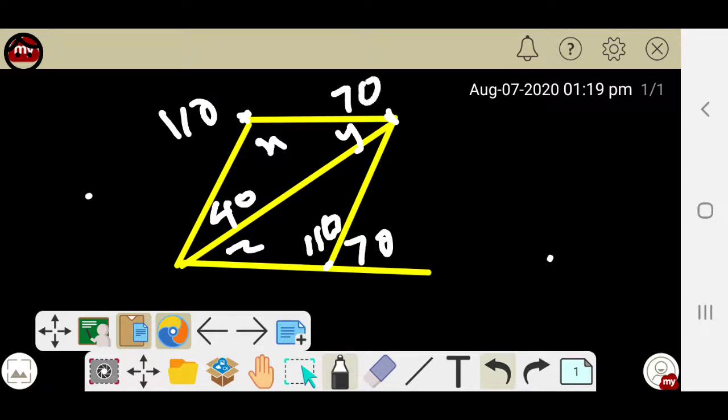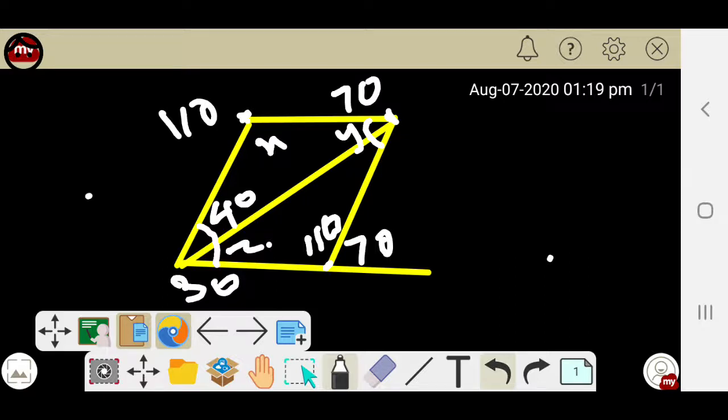So y equal to 70. This y means this total angle, so this total angle will be 70, opposite angle. So 40 plus z equal to 70. So z equal to 30. x equal to 110, y equal to 70 and z equal to 30.